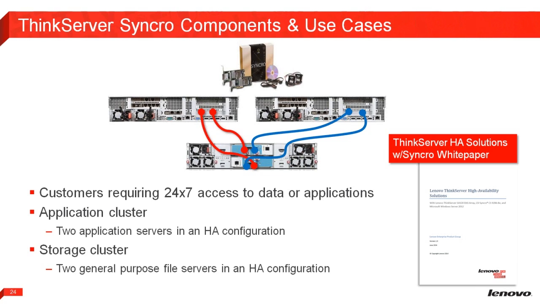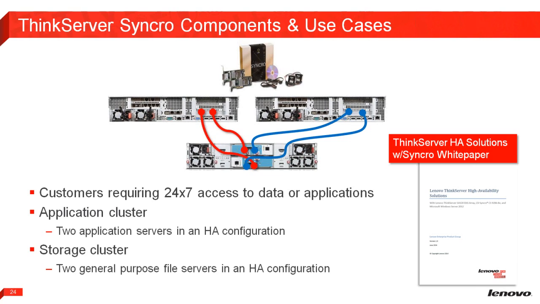And the white paper itself is very lengthy, I will say that, because it goes through step-by-step how you set this up. But the first 10 pages or so are really more about the value and what you can do with it. There are 2 major use cases. One is an application cluster, so you could configure 2 servers running Hyper-V and put your VMs in there. Maybe you've got 10 or 20 VMs and you want to have them in a high availability state. You can do that.